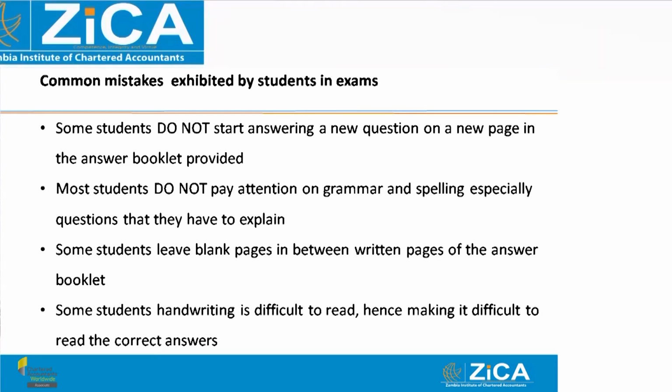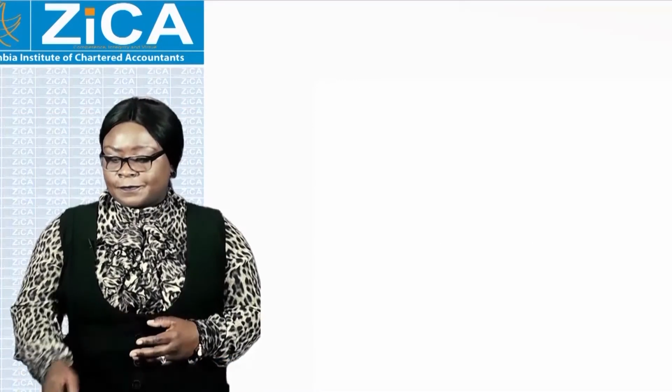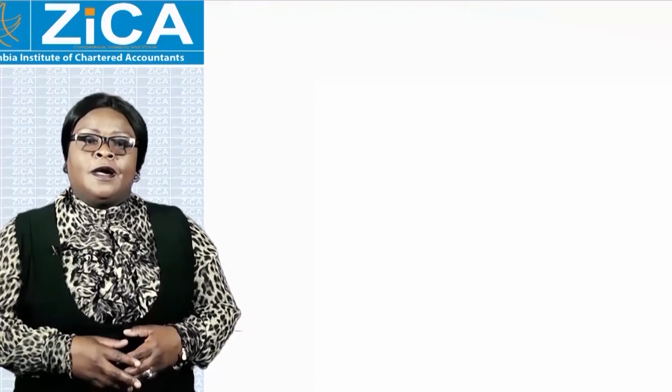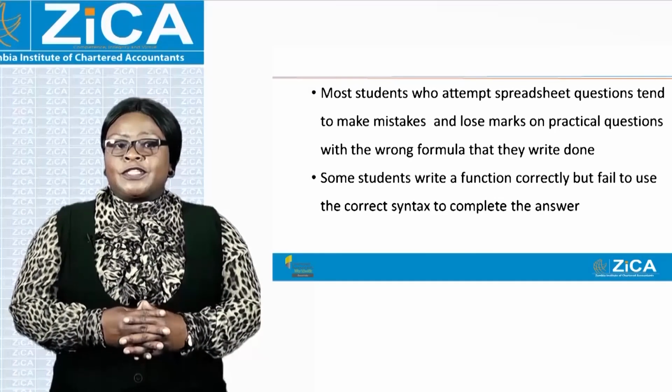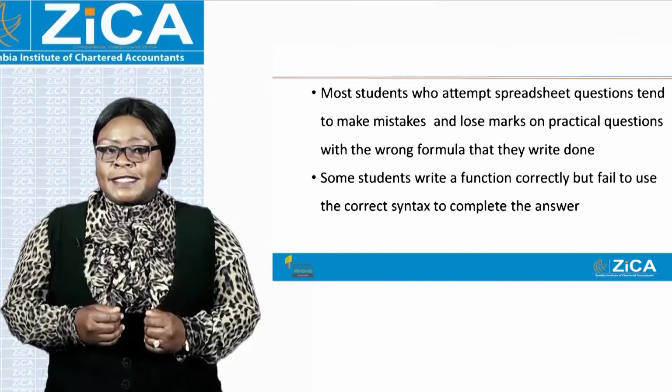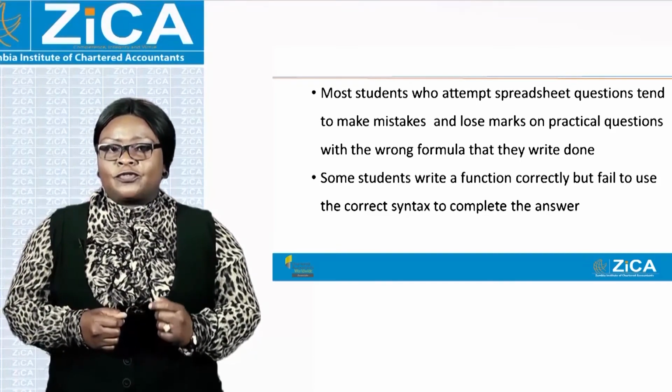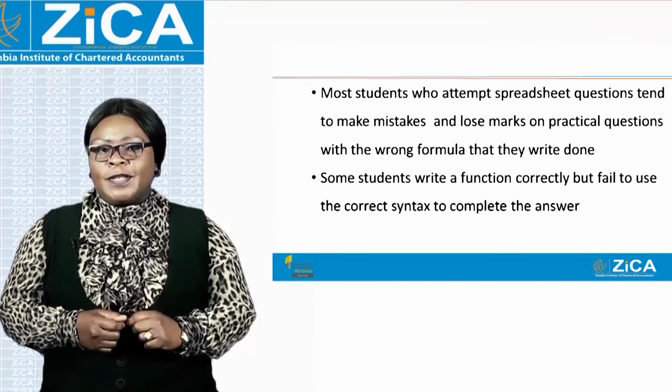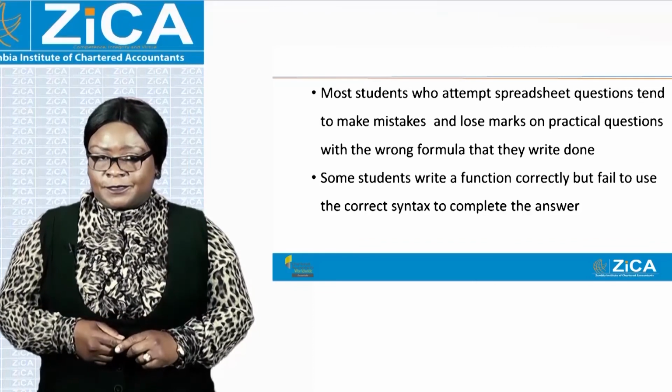Students leave blank pages in between written pages of the answer booklet. Some students' handwriting is very difficult to read, hence marking becomes difficult as the correct answer is hard to read. Most students who attempt spreadsheet questions tend to make mistakes and lose marks on practical questions with the wrong formula that they write down.